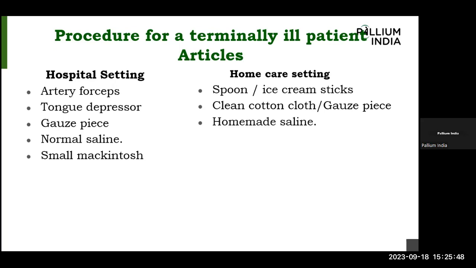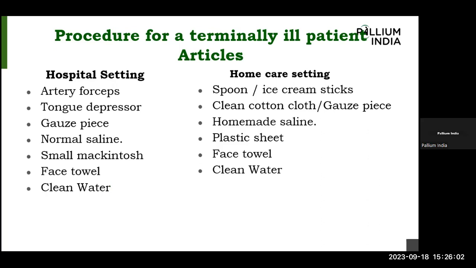And a small Macintosh: they can use their own plastic sheets. Our aim is to prevent soiling of the bed sheets. And a face towel: we can use any towel. Clean water is also needed, and soft sticks: you can use a cotton applicator or anything.